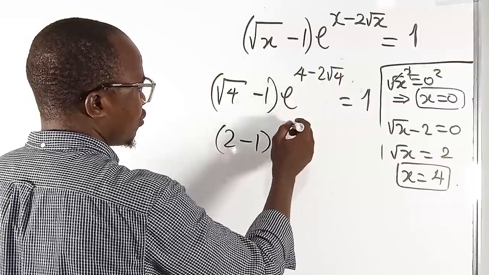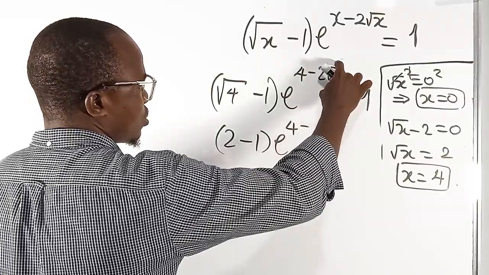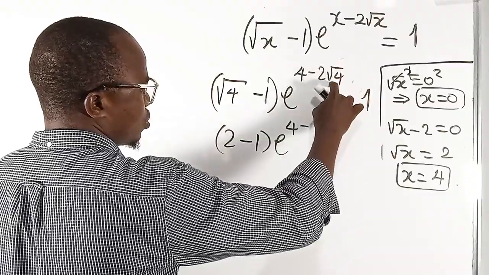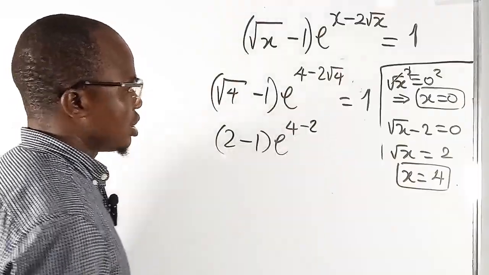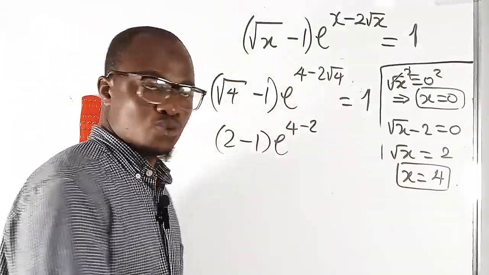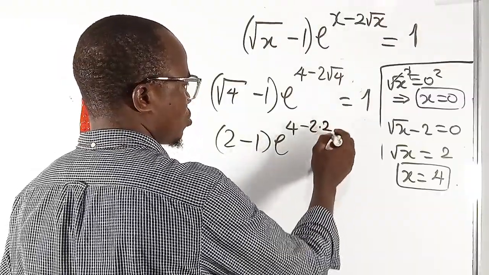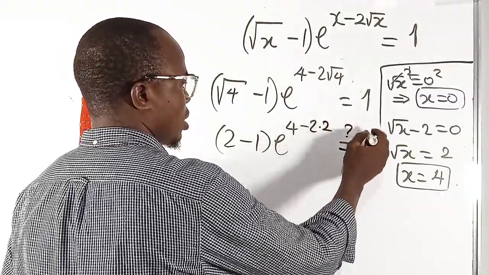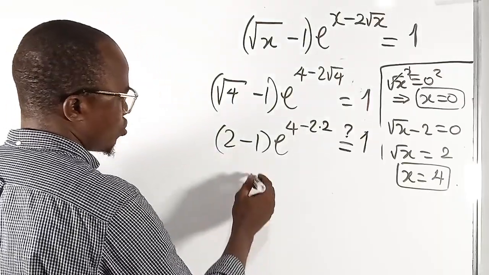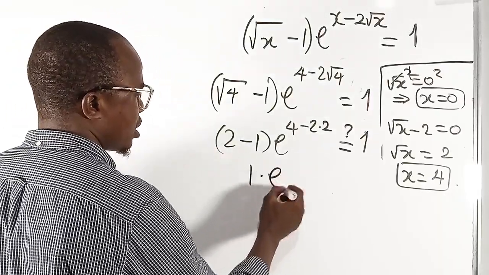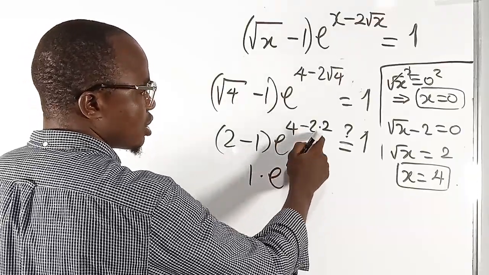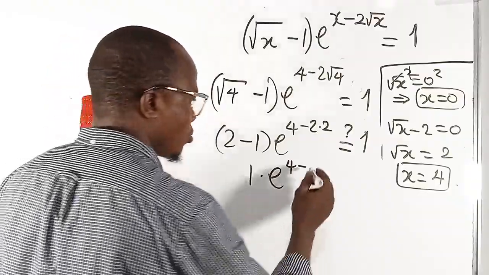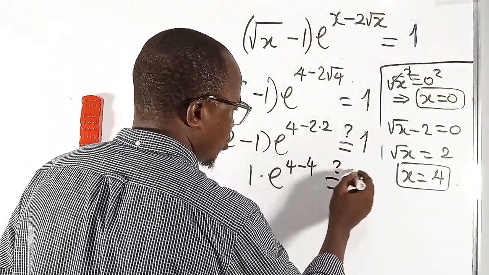Then e to the power of 4 minus, this is going to be 2 times what? 2 times this. And the square root of 4 is 2. So we have this times 2. So we're going to have 2 minus 1 is 1, multiplying e to the power of 4 minus 2 times 2 is what? Is 4. We have 4. Would this give us 1?